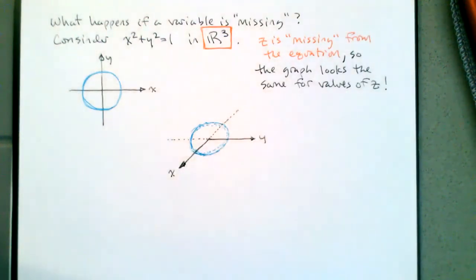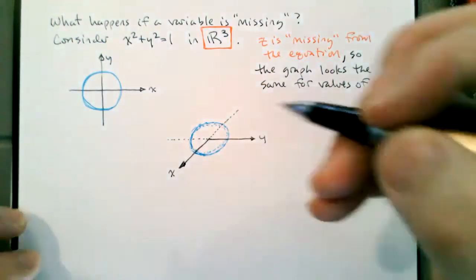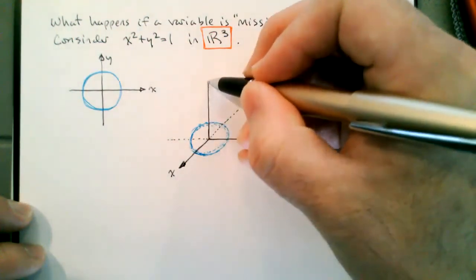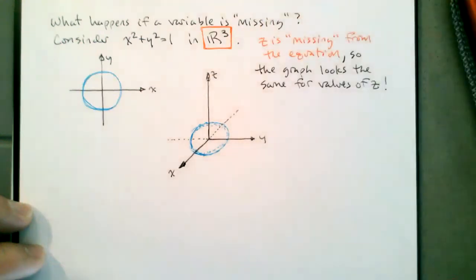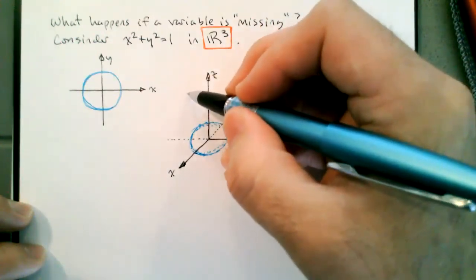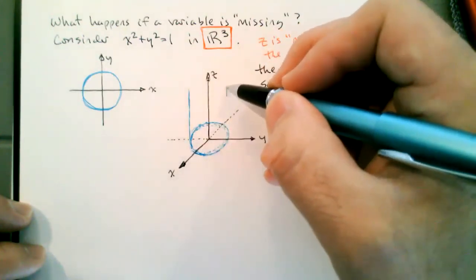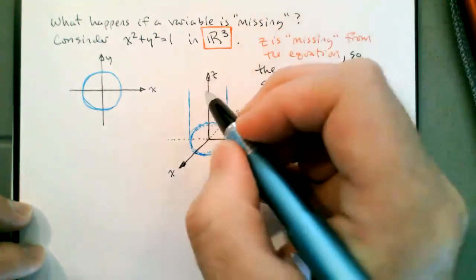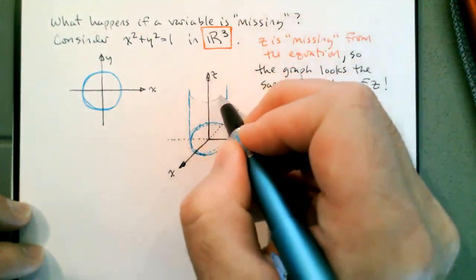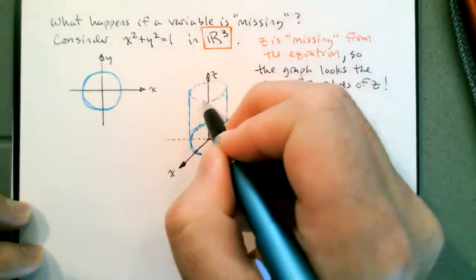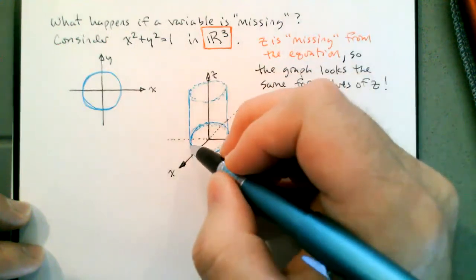And if we now put the z-axis on here, we're just going to get this same picture for all the different values of z. So if I pull a z-axis going straight up here, then we're just going to take this circle and pull it up into this cylindrical tube. And then it'll keep going down as well.